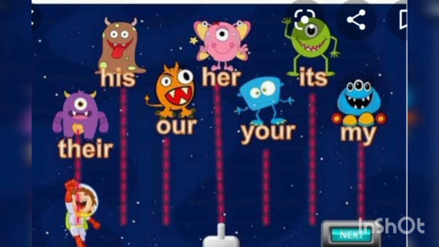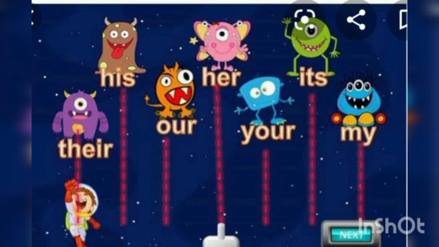Possessive determiners or possessives come next. Possessives talk about possessions over nouns, over things, persons, or places. My, your, our, his, her, their, its.